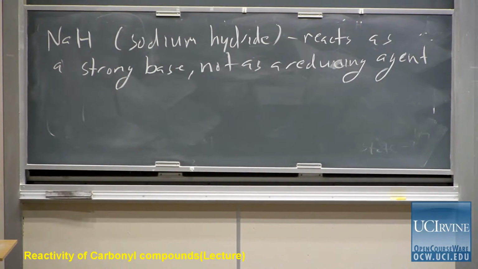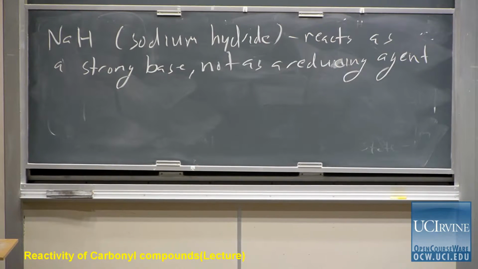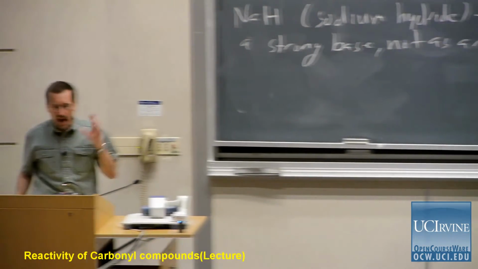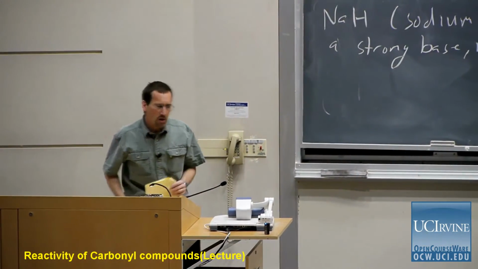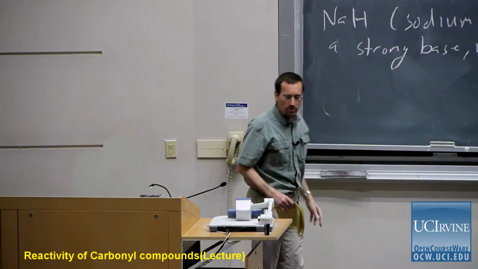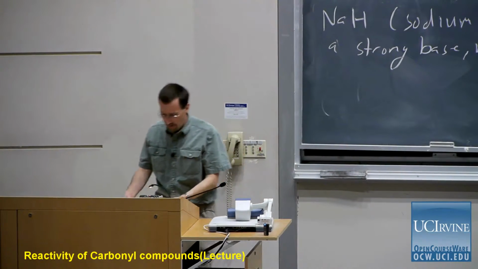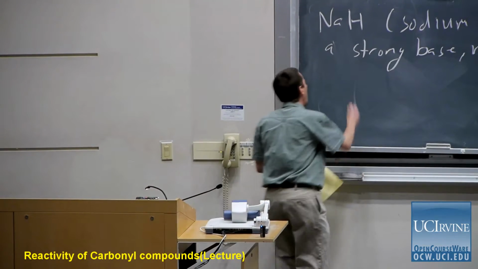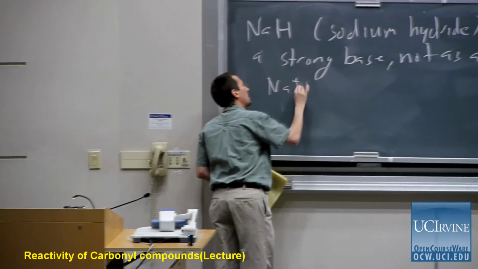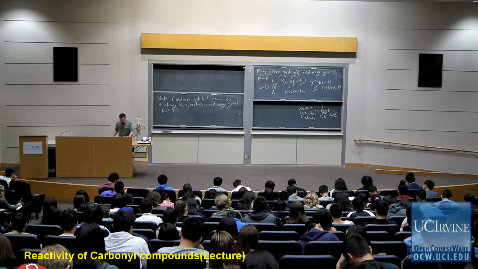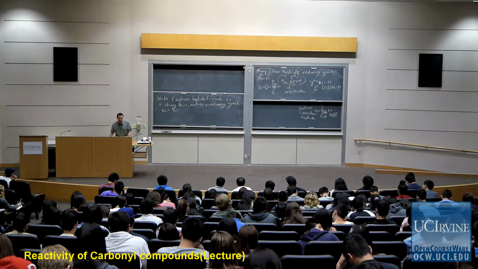All of the reagents I showed over there, the sodium borohydride and the lithium aluminum hydride, have covalent bonds between metals and hydride. Sodium is even more electropositive than aluminum, its electronegativity is about 0.9. And so sodium hydride is actually an ionic compound, and it's pretty darn insoluble in organic solvents.